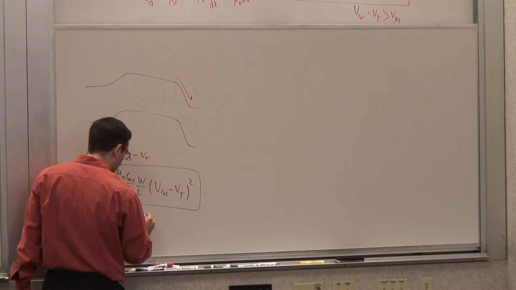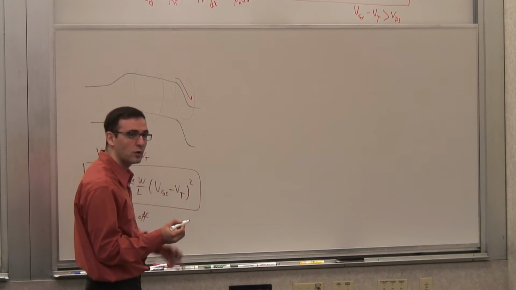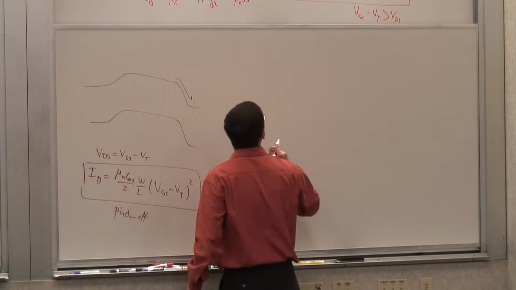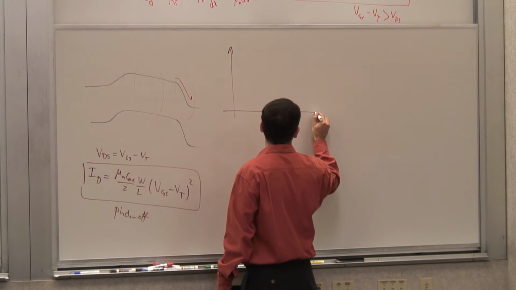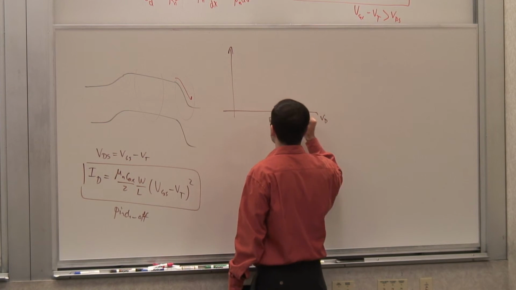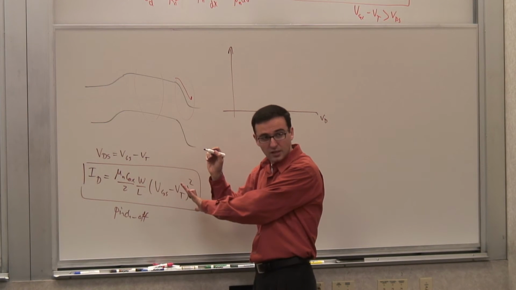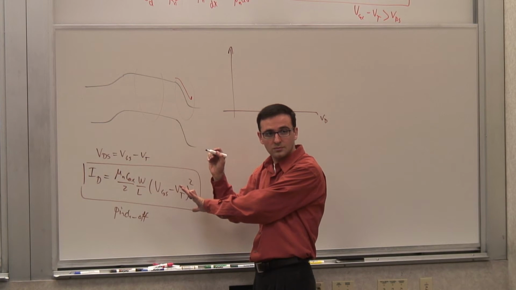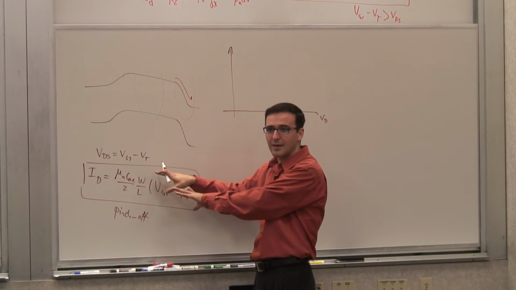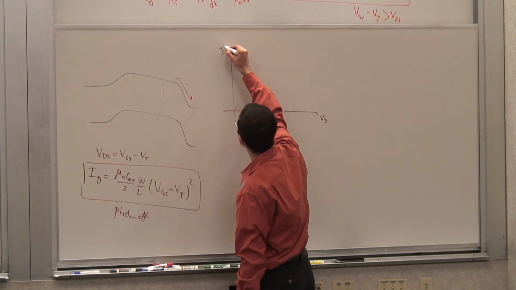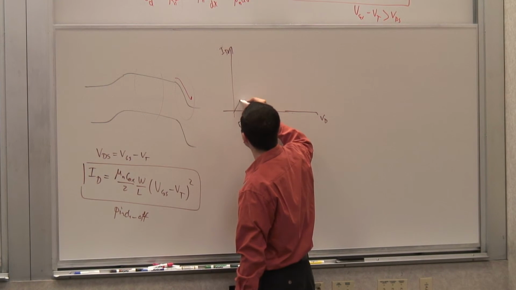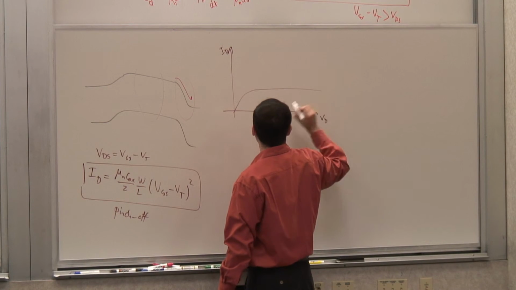So in the pinch-off region, interestingly enough, according to the simplified model, my current is going to depend only on VGS to the first order. And we'll shortly talk about why it's not exactly proper. So according to this model, initially we have ID versus VDS, which is this kind of linear thing, and then they start saturating, and then they become flat.